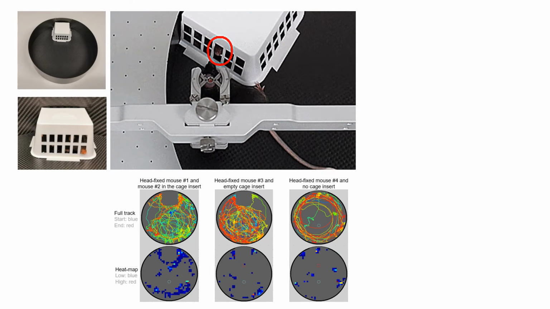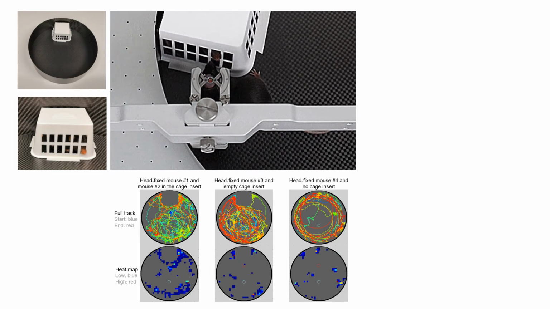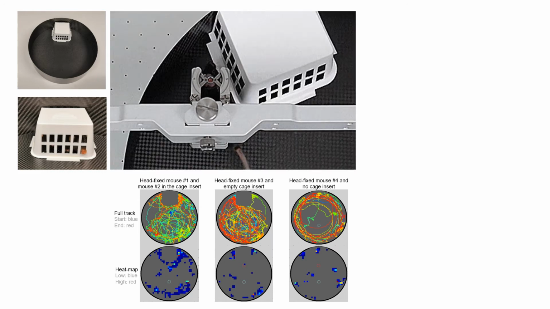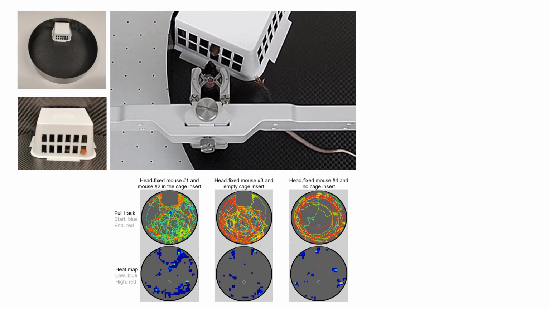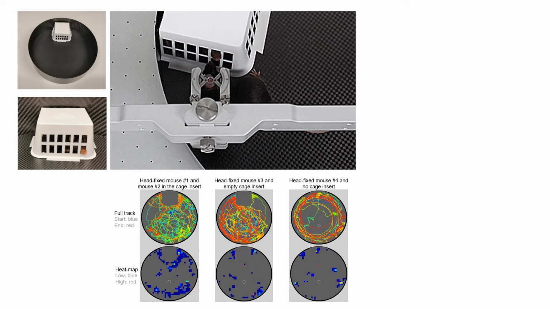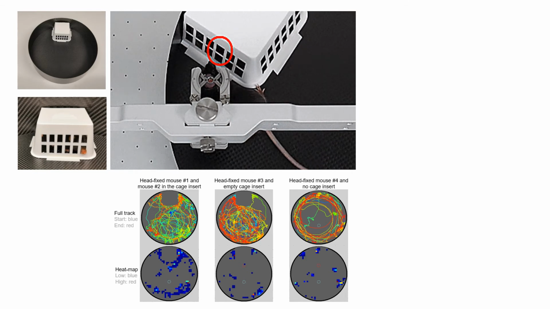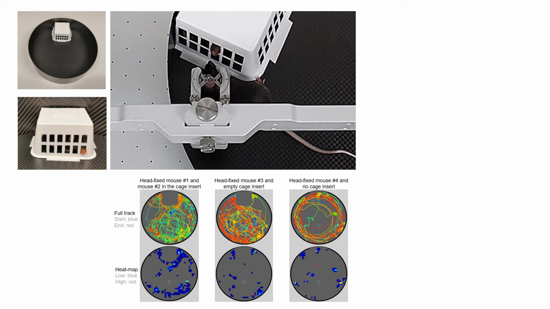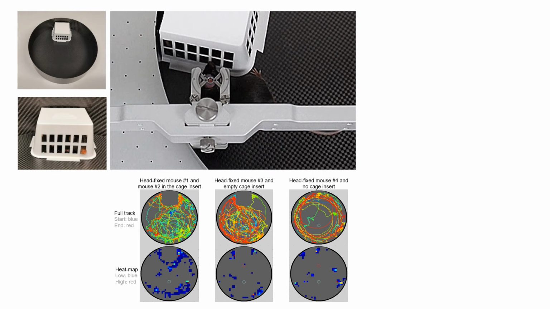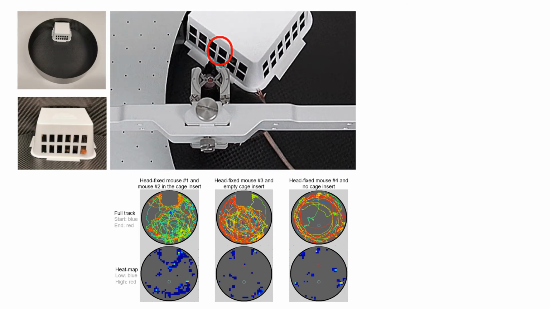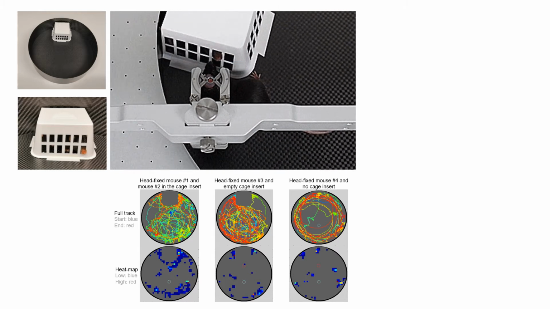This is another type of social interaction where the non-head-fixed mouse is trapped in a jail-like or prison-like compartment, and the head-fixed mouse has the control over the position of the floating cage, and it can come to the vicinity of the entrapped mouse, and they can communicate, and all this communication and trajectory of movement is automatically tracked by the locomotion tracker.